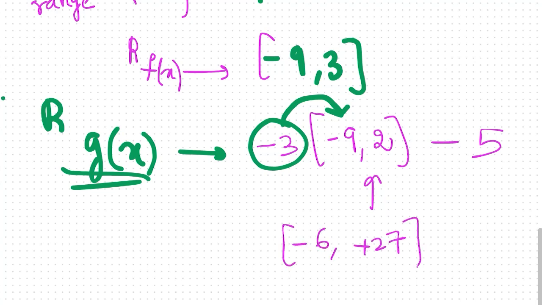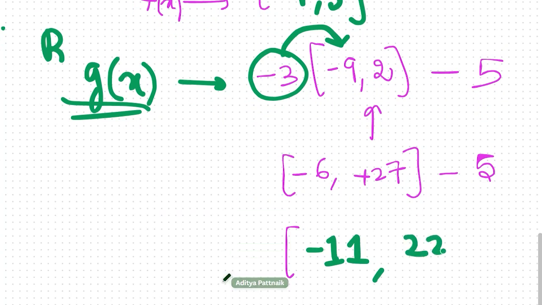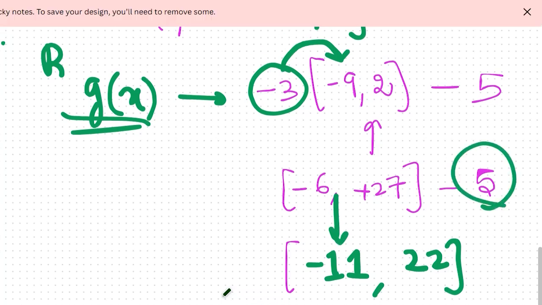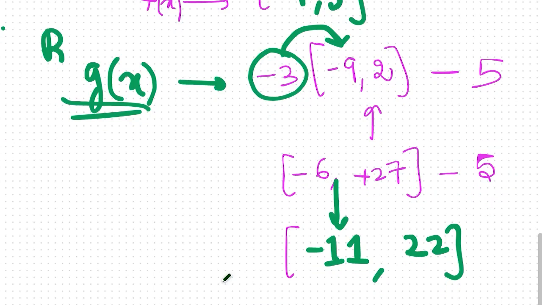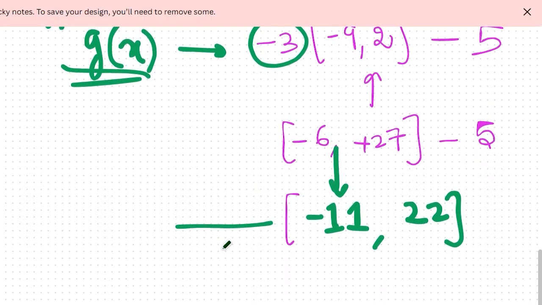Yes, -6 to +27 is the range. And then we have to subtract 5 also, correct? So the minimum value becomes -11 and the maximum 22. The minimum value gets subtracted by 5, and the maximum value also gets subtracted by 5. So this is the final range of g of x.